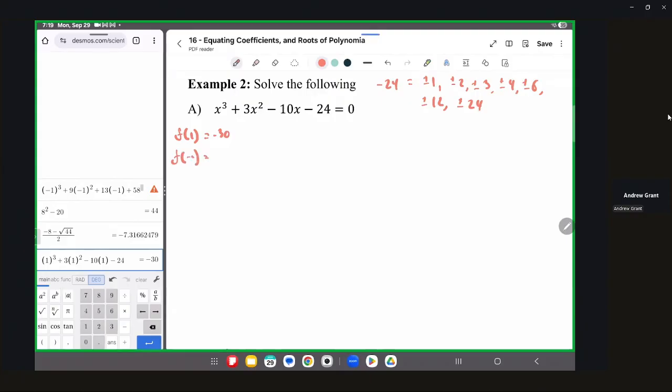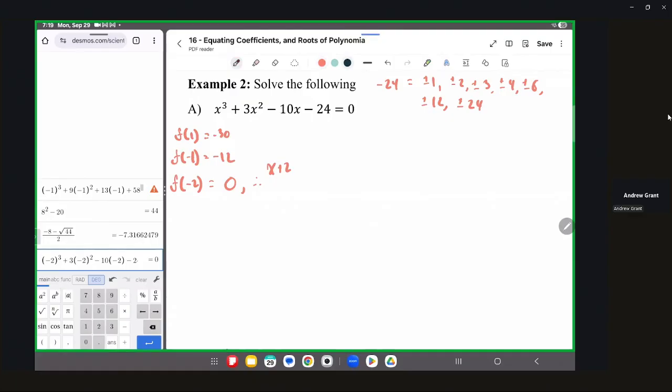What about f of negative 1? Well, we tried typing in a negative 1 here, and we're going to get negative 12. So that one doesn't appear to work. Let's try f of negative 2. Okay. f of negative 2 is equal to 0. So then we can say that x plus 2 is a factor.